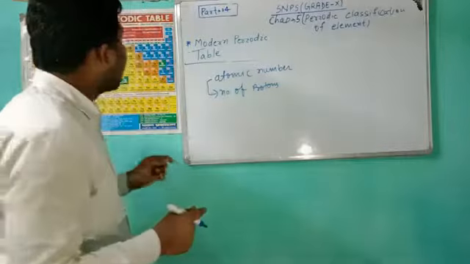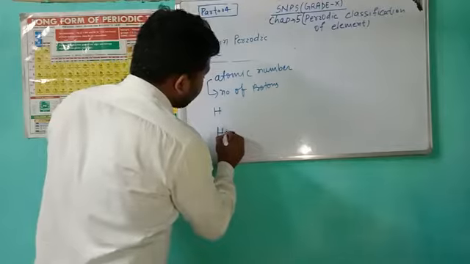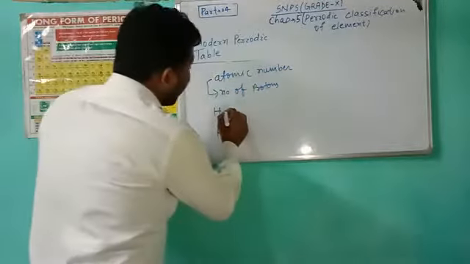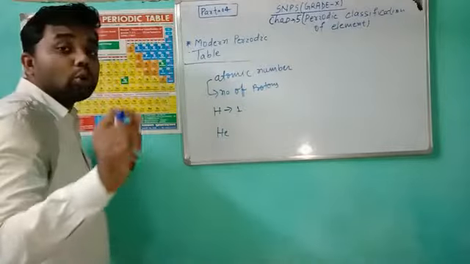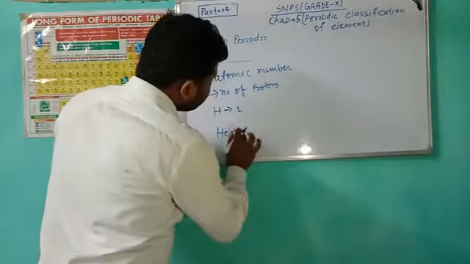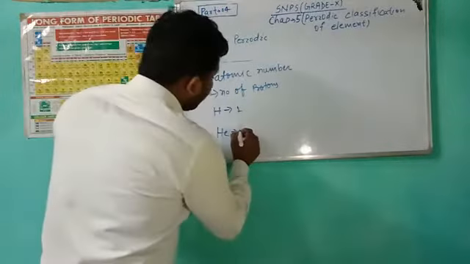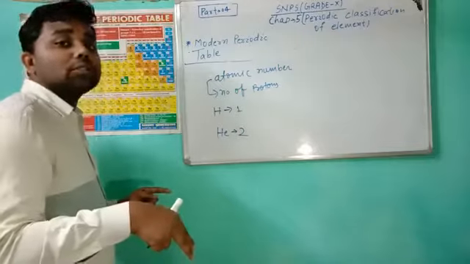If we take the example of hydrogen and helium, the atomic number of hydrogen is 1 because it has one proton present in the nucleus, and helium has atomic number 2 because it has 2 protons in the nucleus.